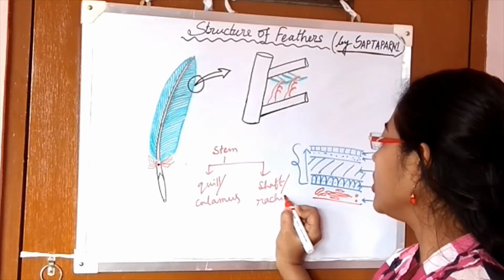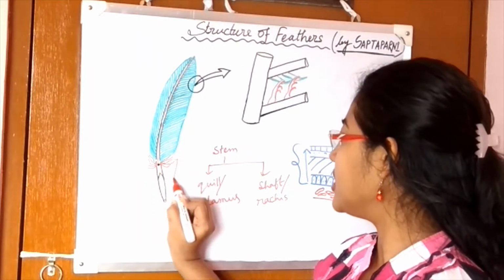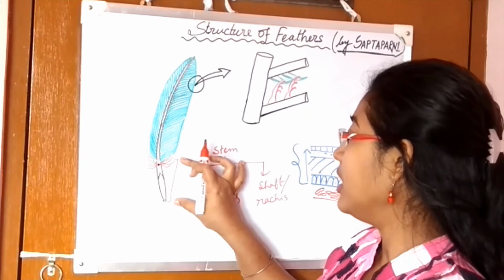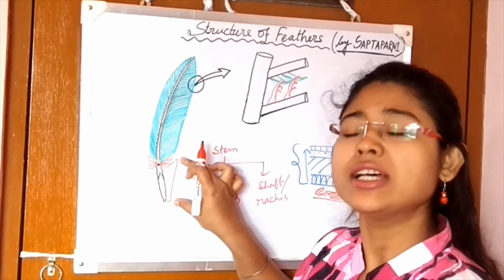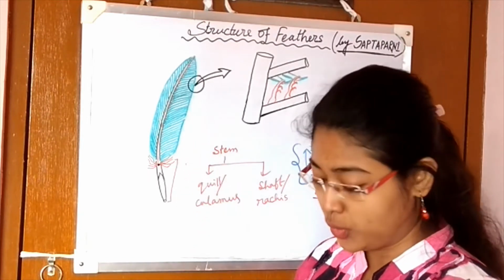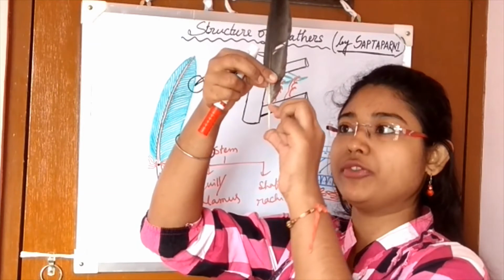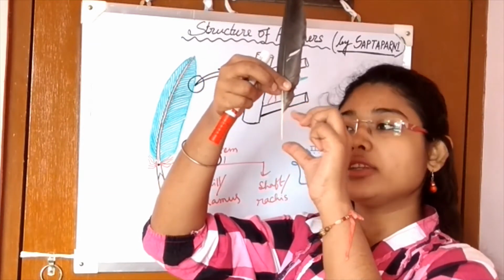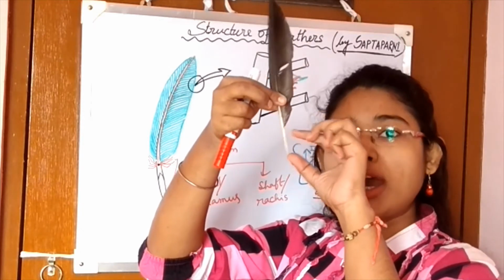So see here, from this portion to this portion, this portion of the stem is tubular in structure, semi-transparent and hollow. So see here, this portion of the feather, okay, this is semi-transparent, this is hollow and tubular.